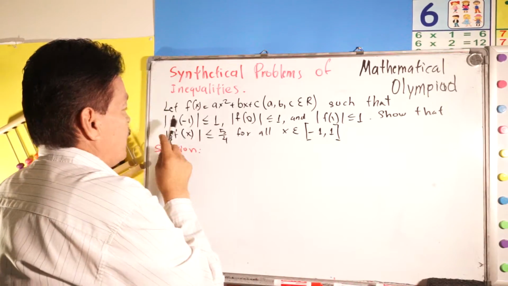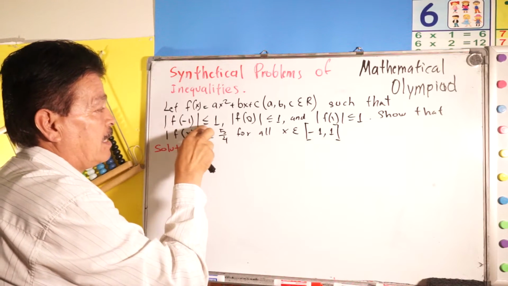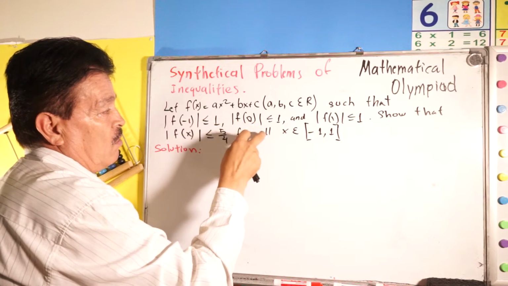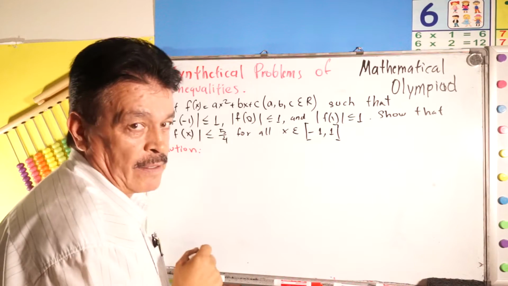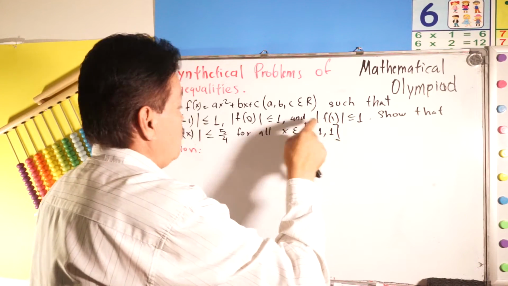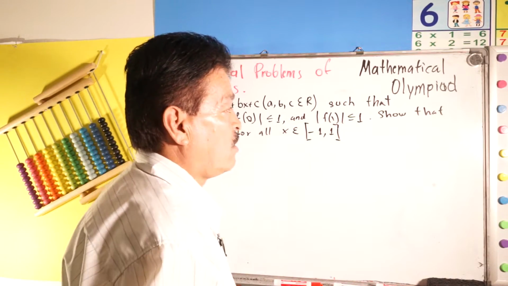Show that the absolute value of f(-1) is less than or equal to 1. Also, the absolute value of f(0) is less than or equal to 1. Same thing for f(1), so f at -1, 0, and 1 are all less than or equal to 1.